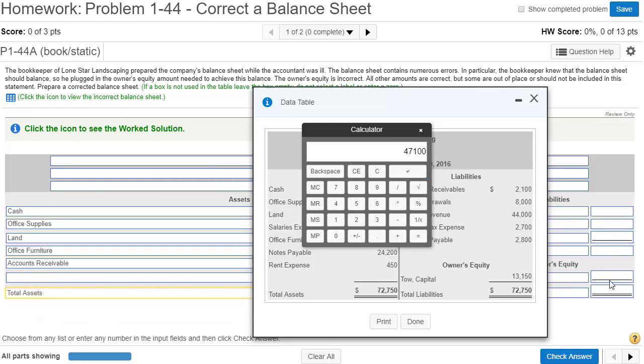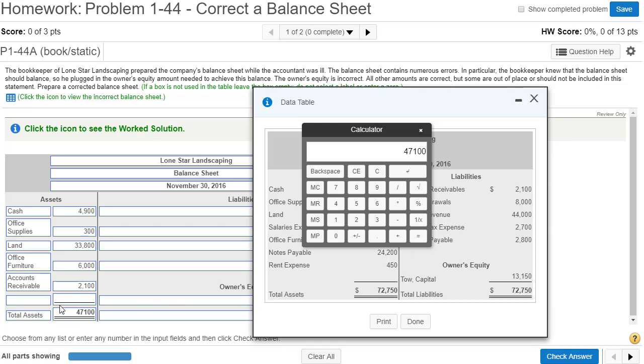Total assets. So now notice, see this line here? This line is saying we should add the numbers up above and put the total below. So we do not have another asset, so we're going to leave this row blank.